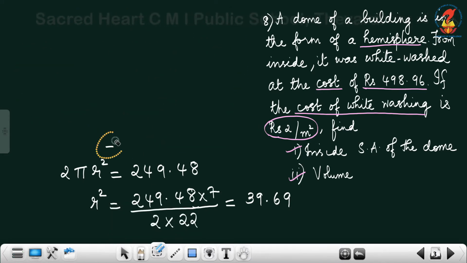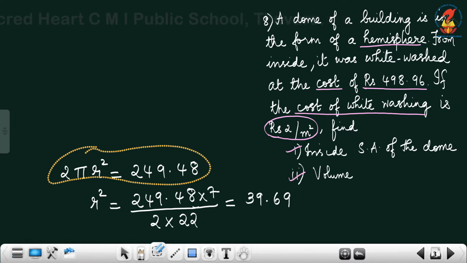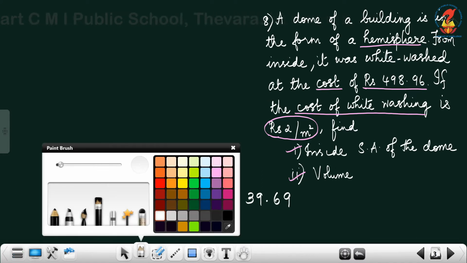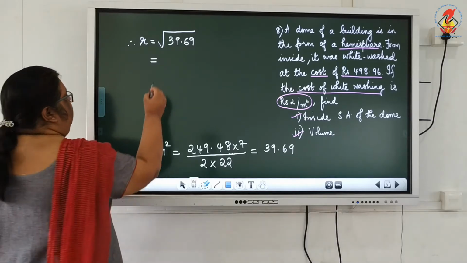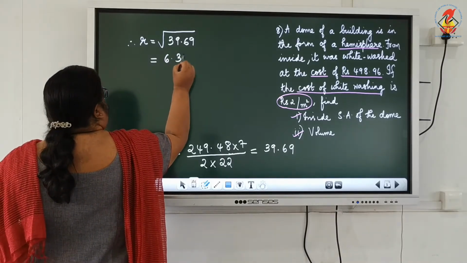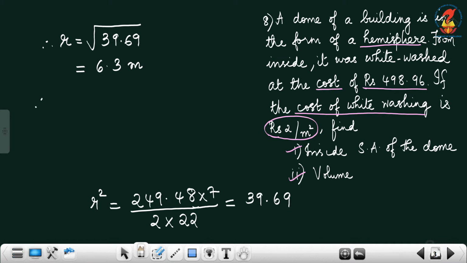Once you get r square, then you can find the value of r. Therefore, r is equal to square root of 39.69. With the help of long division, you can find the square root and it will be equal to 6.3 meter. Therefore, volume of the hemisphere will be 2 by 3 pi r cube.